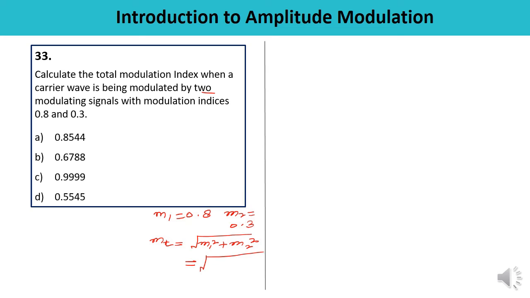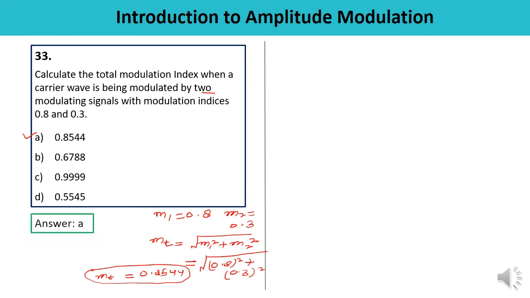Substitute these two values: 0.8 squared plus 0.3 squared. Simplify it. You will be getting the value of mT as 0.8544. Check. The correct option is A.